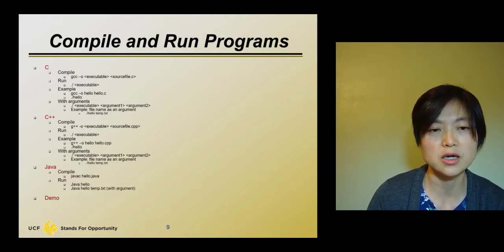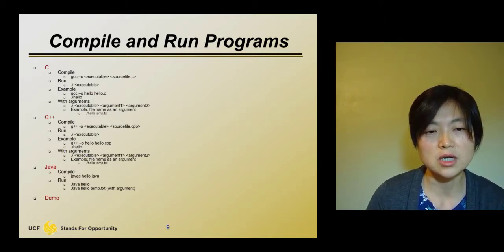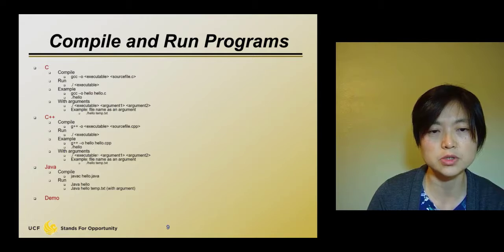So when I run, I just type ./hello. With arguments, similar to the C program, you just attach all your arguments after your output object and separate them with spaces. So the example is similar. If I have the object generated here, ./hello, and here is temp.txt, similarly I use temp.txt as one of the arguments to the program.